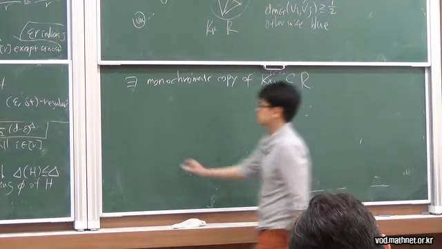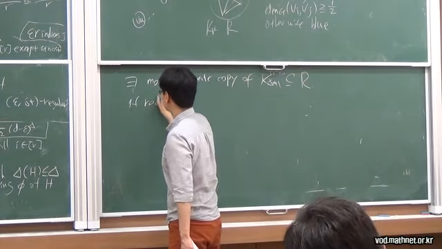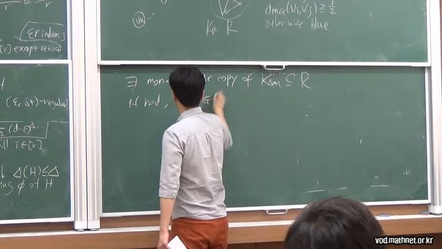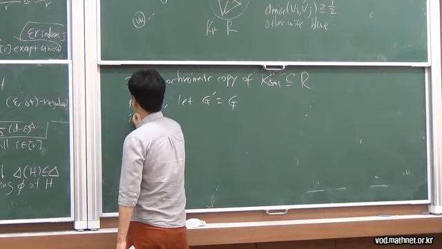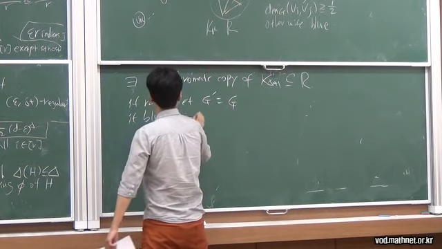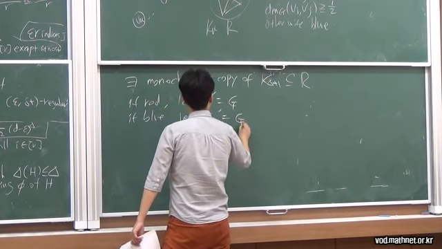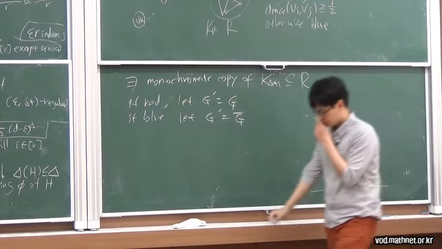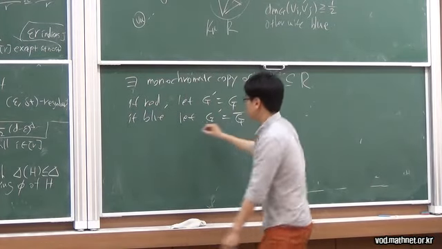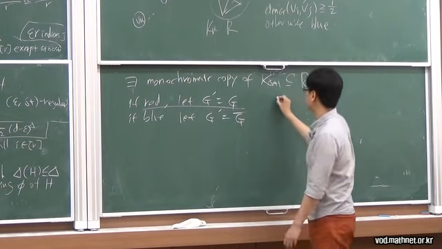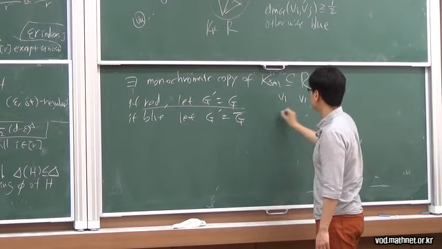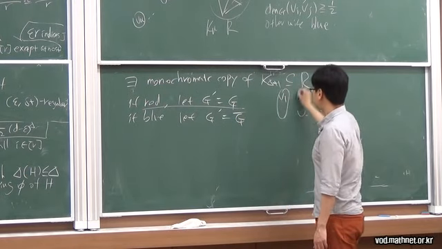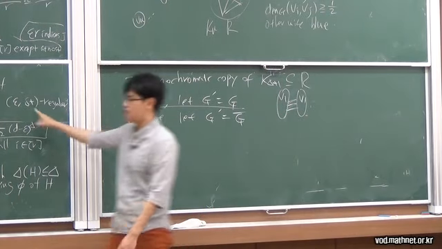And if this is red, then let G prime be G. If this is blue, let G prime be the complement of G. So if it's red, in this case, we know that the Bi and Bj are epsilon regular with density at least half.